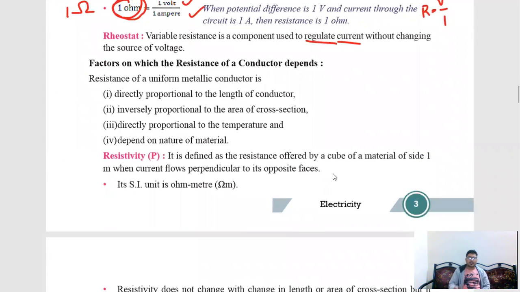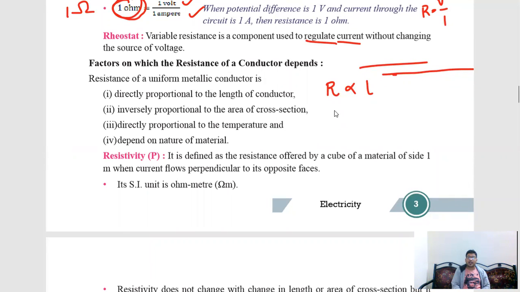Now, on which factors does the resistance of a conductor depend? I told you, if you take a conductor, maybe gold, silver, aluminum, copper, whatever it may be, resistance will vary. Why will it vary? It depends on 3 concepts. Resistance is directly proportional to length. So R is directly proportional to length. If the length of the wire is increased, if you take a long wire, resistance also will be great.